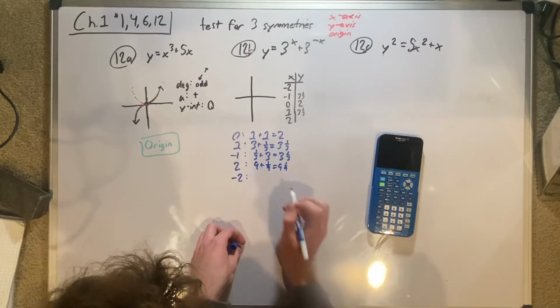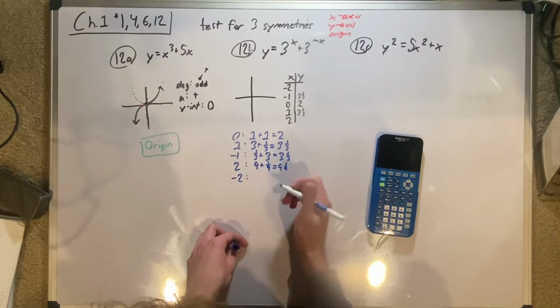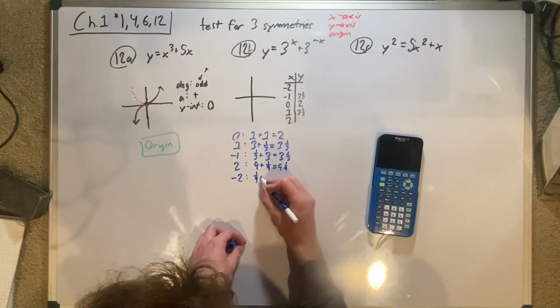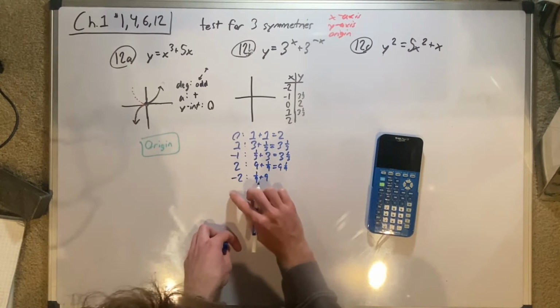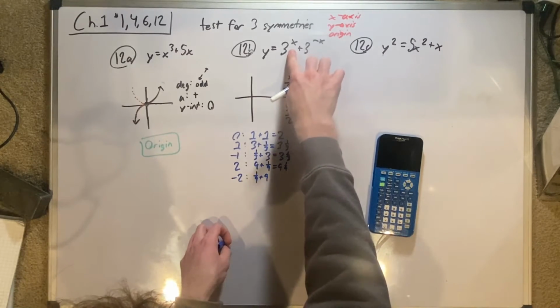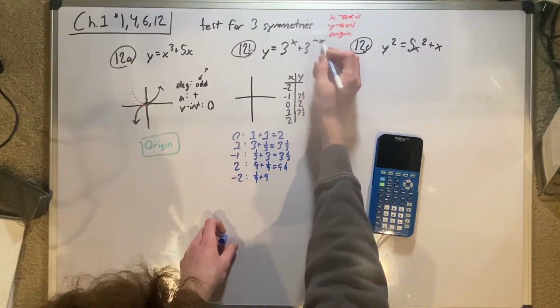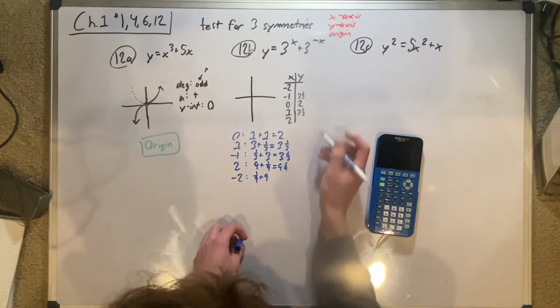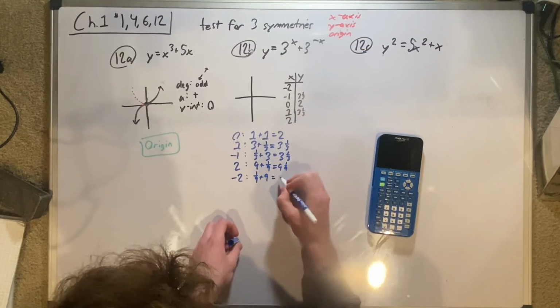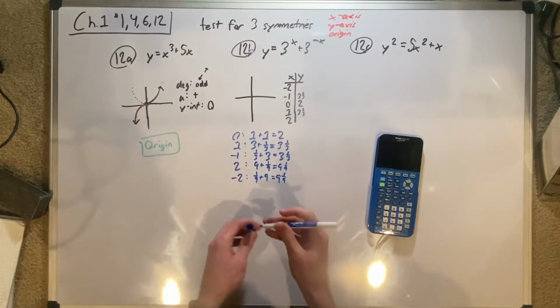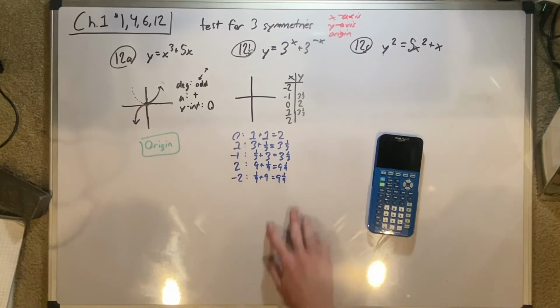For -2, we can just draw from this and know that it's the same. If you need to know why, I'll explain really quickly: 3 to the -2 power is 1/9, so in other words 1/9 plus 9 is 9 1/9. I don't need to simplify this down to improper fractions because I just don't need to.